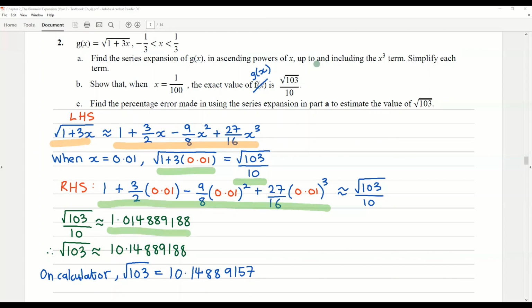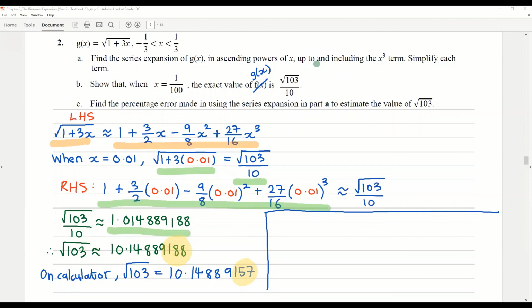Well, the percentage error, which I'll do over here, the first thing we need to work out is the difference between the two values. Now, you can probably see, if we just look at the values we've been given here, in the approximation, it ends in 188. All the other digits are the same. And in the actual value, which obviously is an irrational number, but on the calculator display ends in 157. So the approximation is greater than the exact answer.